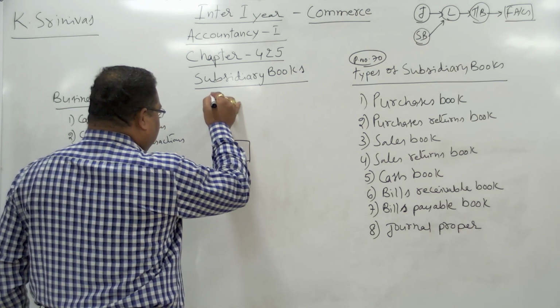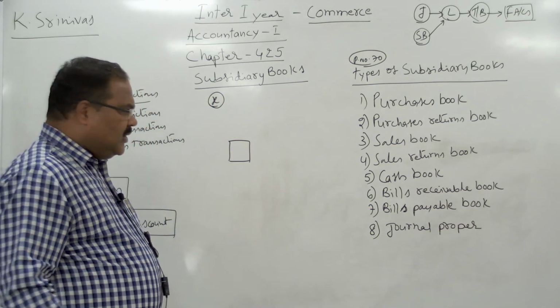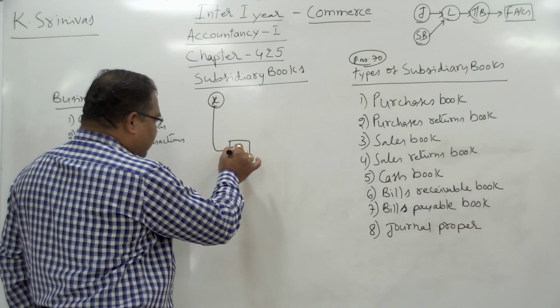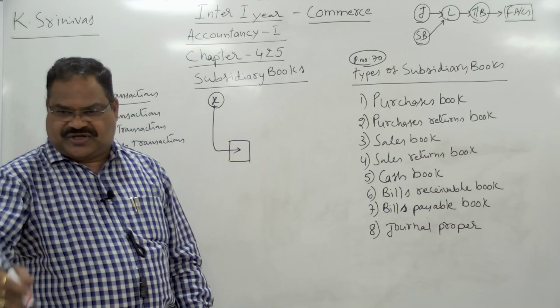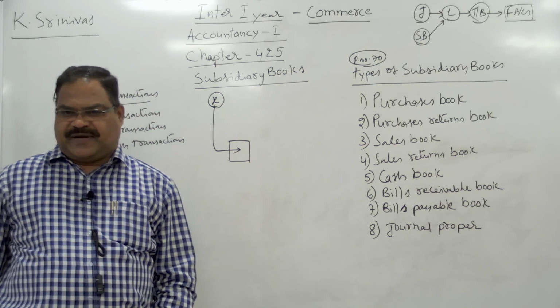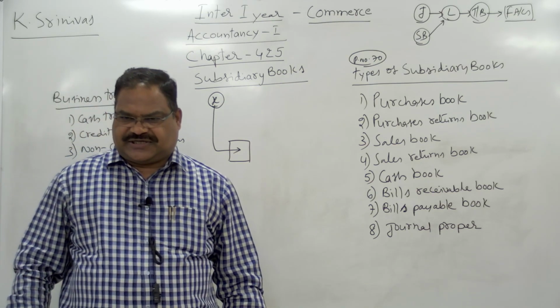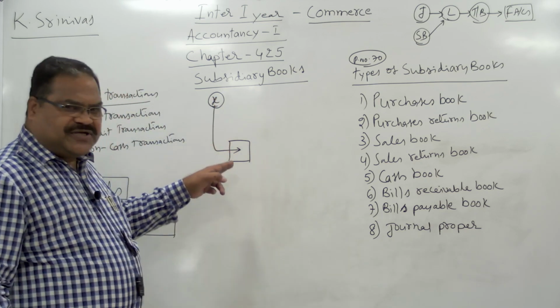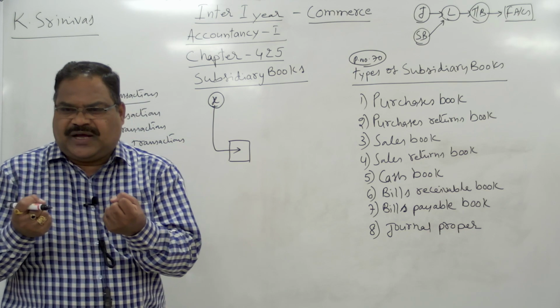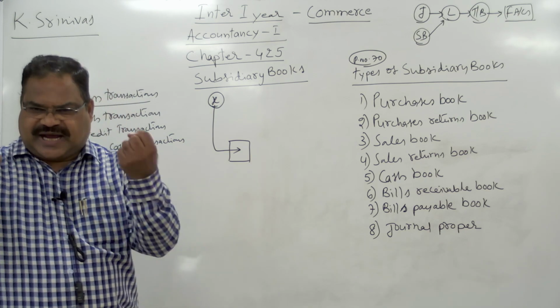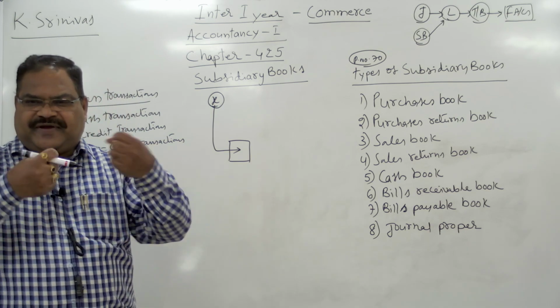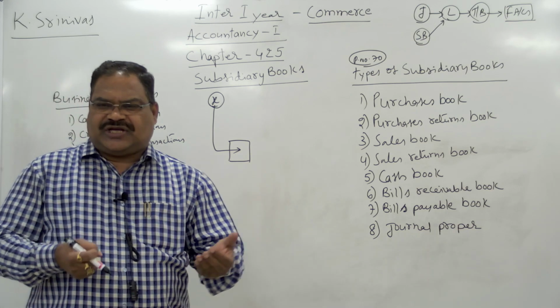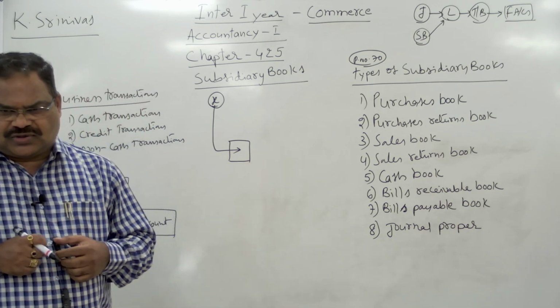For example, assume that Mr. X has invested money, or we can say started business. When we have started business, we are getting cash from the proprietor. Cash is coming in. In the previous topic, you have written cash account debit to capital account.